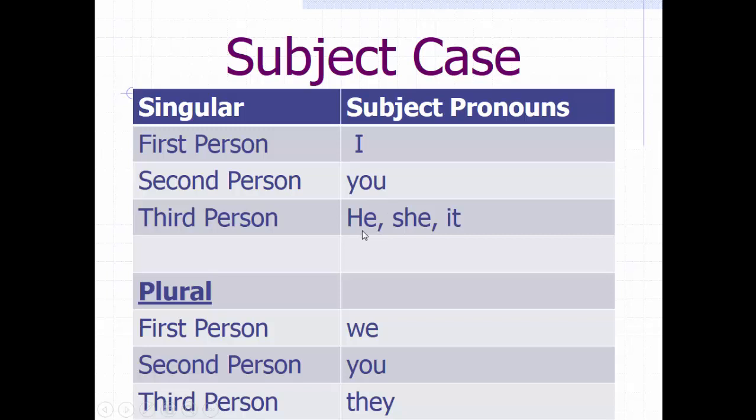And third person singular for subject case pronouns are he, she, and it. These would all function as the subject of your sentence. Then if it's plural, we would be the first person subject pronoun. You is the same, singular or plural. And then they is the third person, plural subject case pronoun. Take a minute and fill in your chart.